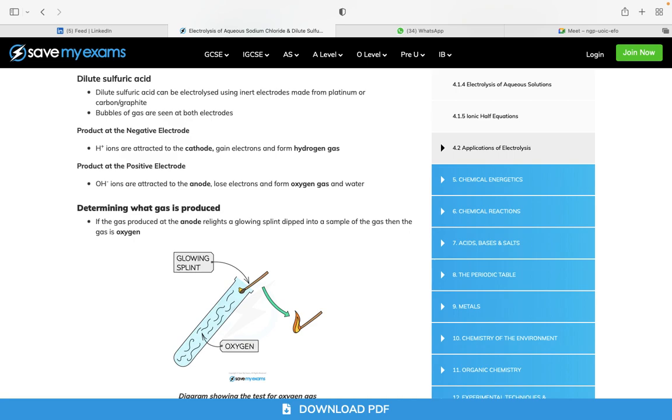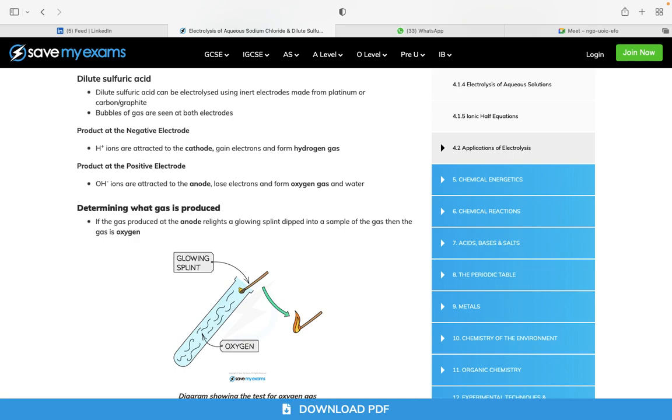If the gas produced at the anode relights a glowing splint, like if you light a matchstick and bring it close to the gas, and the matchstick that is about to go off rekindles, it makes it burn more, then that gas is oxygen, because oxygen supports combustion.